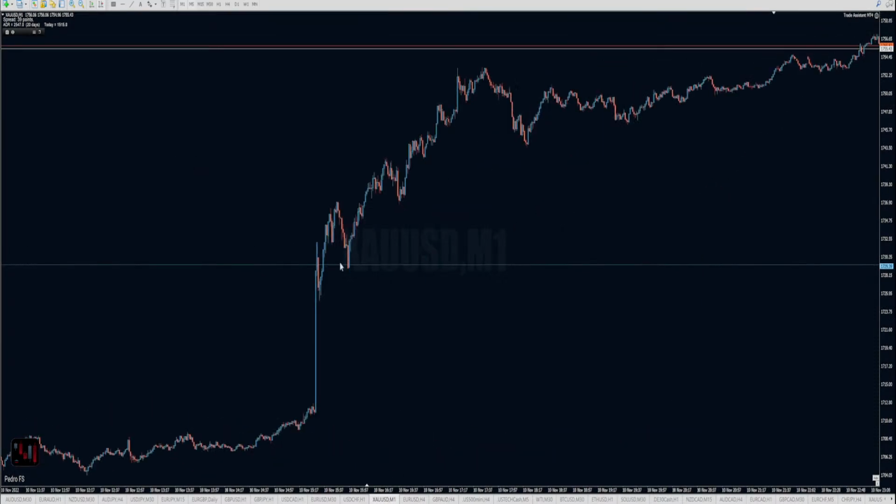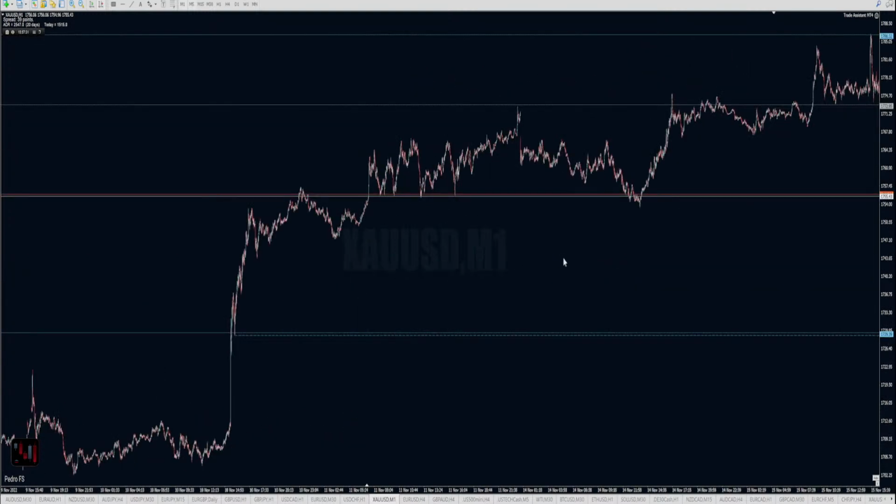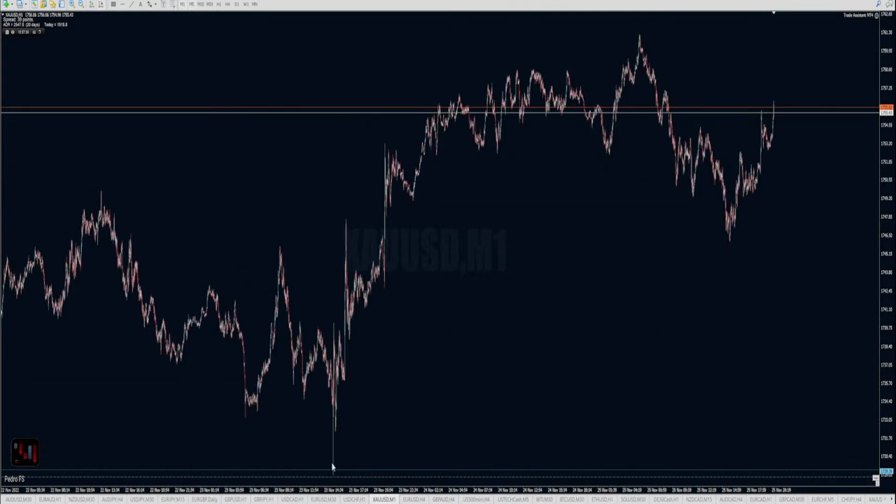So we have this level in here. Price didn't really break that level. So there is no break in here. I believe so. Yeah, price stayed in there, so maybe not an engulf down, at least on my broker.